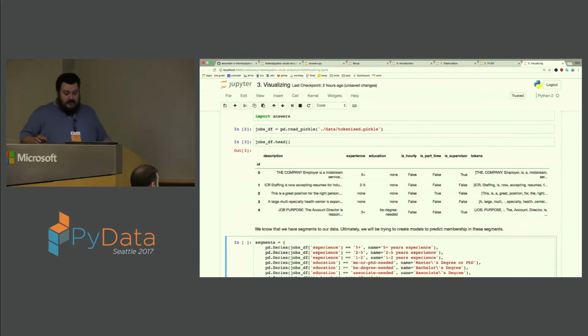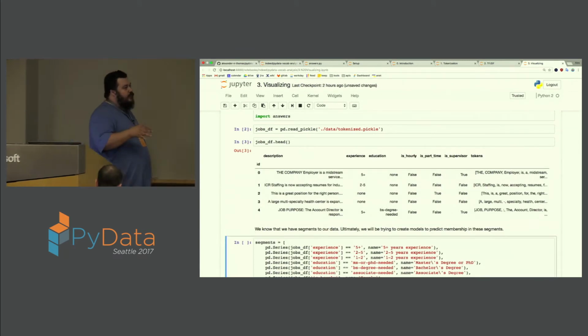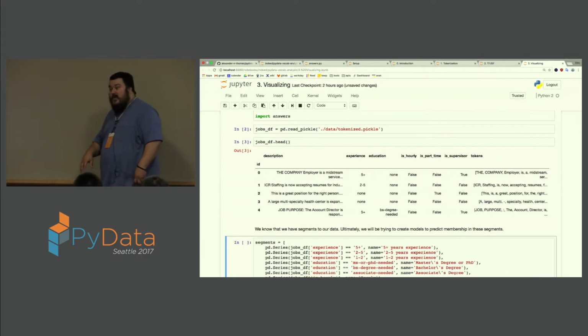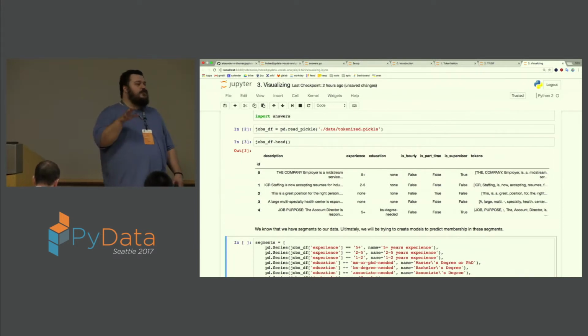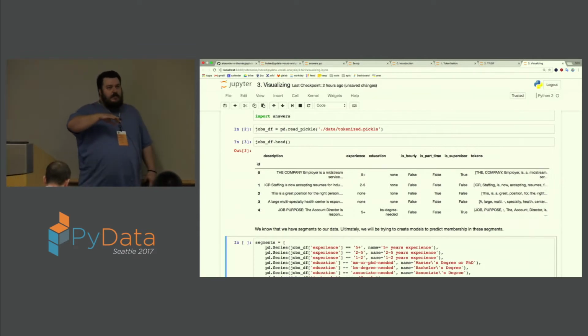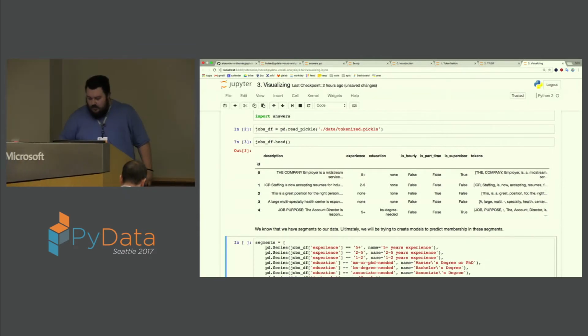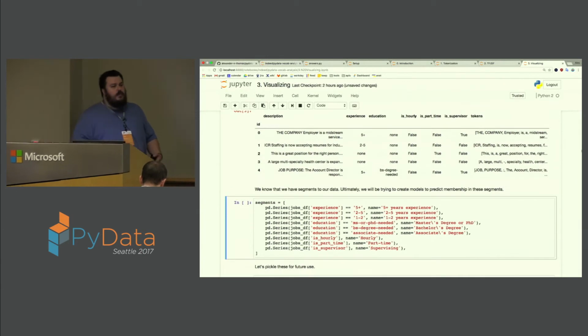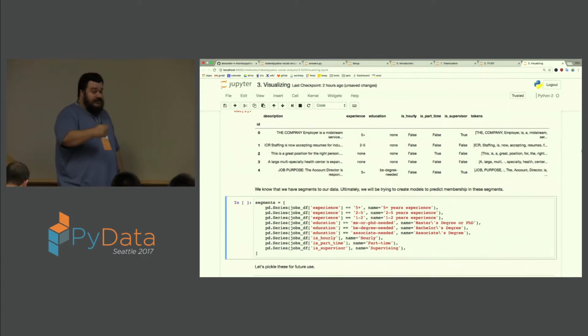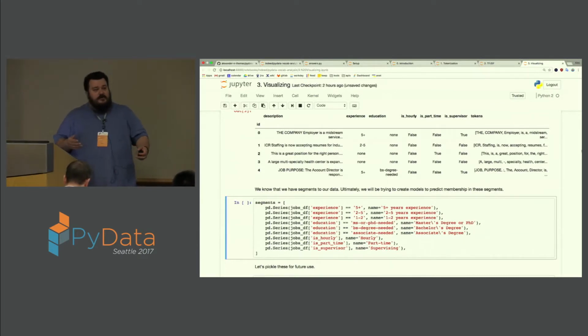So those other attributes, we're going to turn those into segments, because remember, we want to look at the context. So we have the generic context, so these are the job descriptions from the United States. But we want to look at more detailed context. So the jobs that require a lot of experience, the jobs that require a lot of education or very little education, jobs that are part-time or hourly.